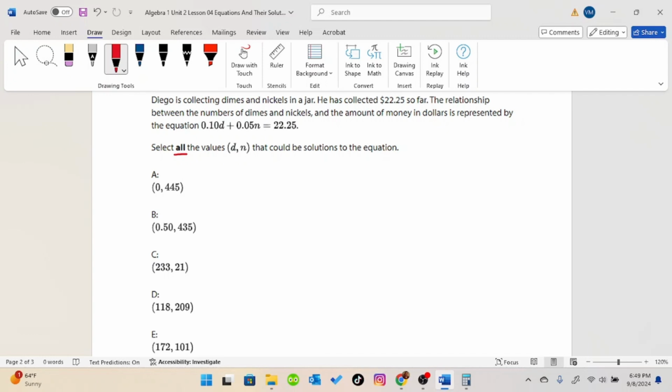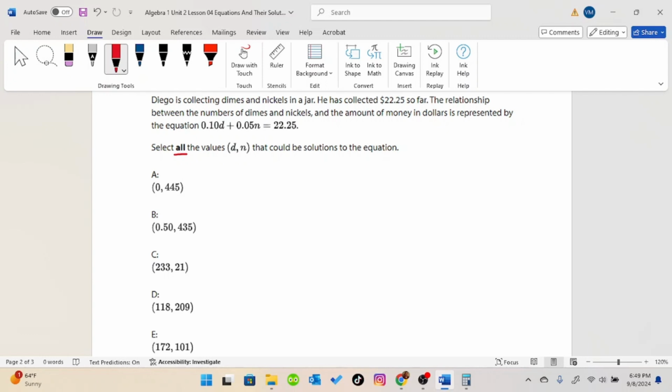So what we're going to do is substitute the first number in each pair in for D for dimes. We're going to substitute the second number in each pair in for N for nickels. And then we're going to see if that makes $22.25.